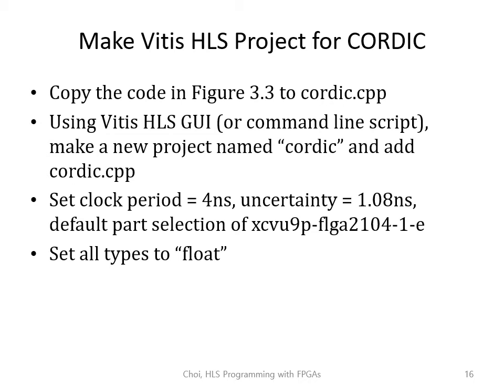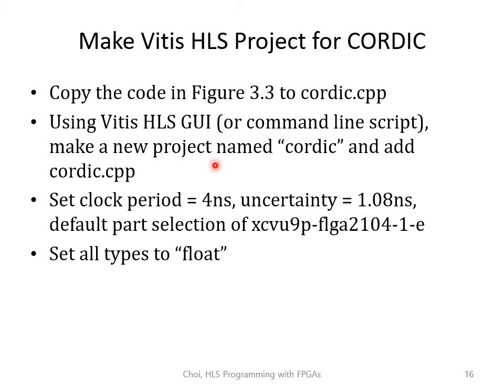Let's try to make a Vitis HLS project for CORDIC. Please copy the code from our textbook, figures 3.3, to a file named CORDIC.cpp using Vitis HLS GUI or command line script if it's more convenient for you.